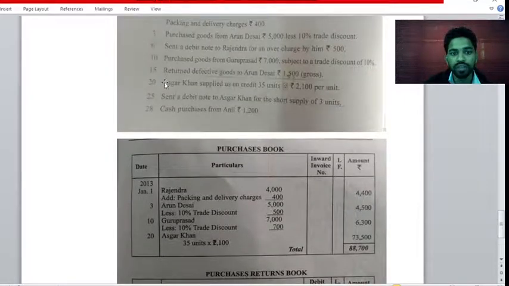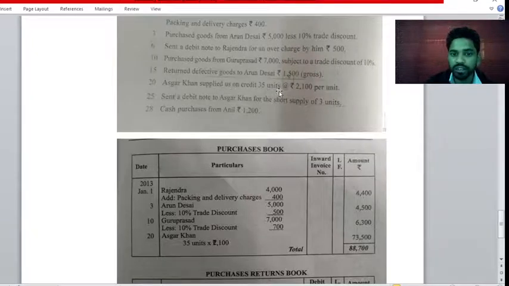1,350. Okay, so next, on 20th January, Asghar Khan supplied us on credit 35 units at rupees 2,100 per unit. So this is related to the purchase transaction. Supplied us means supplied to the business.